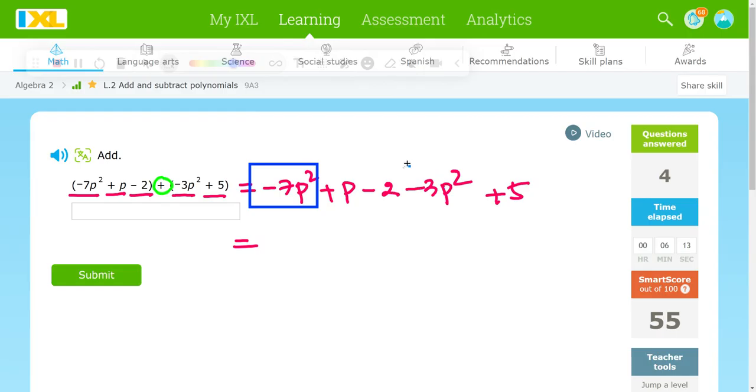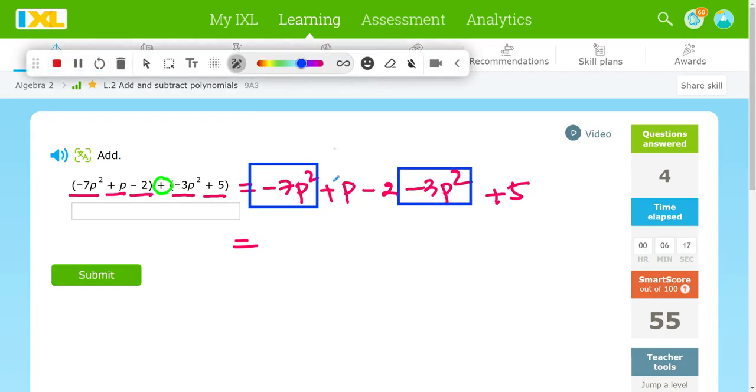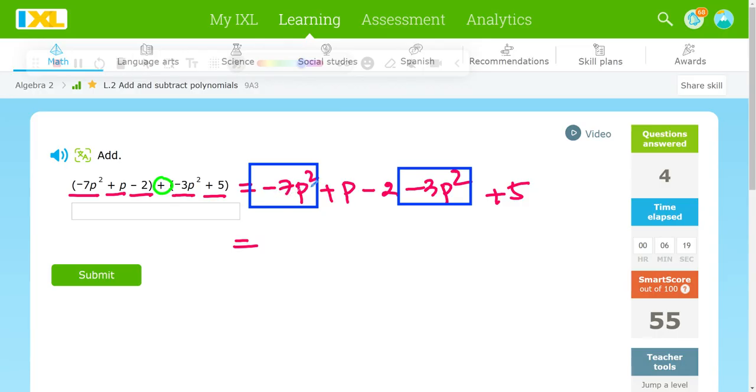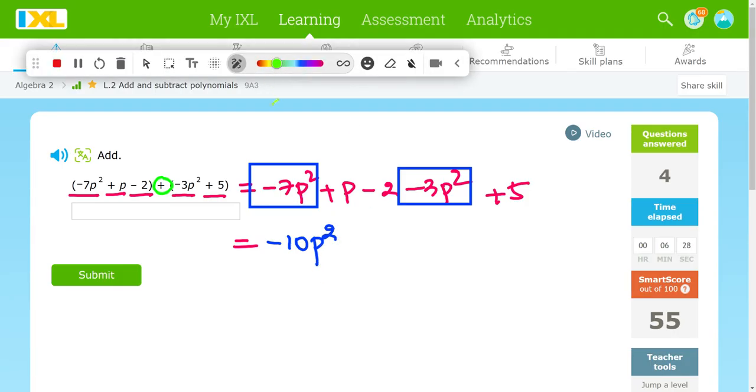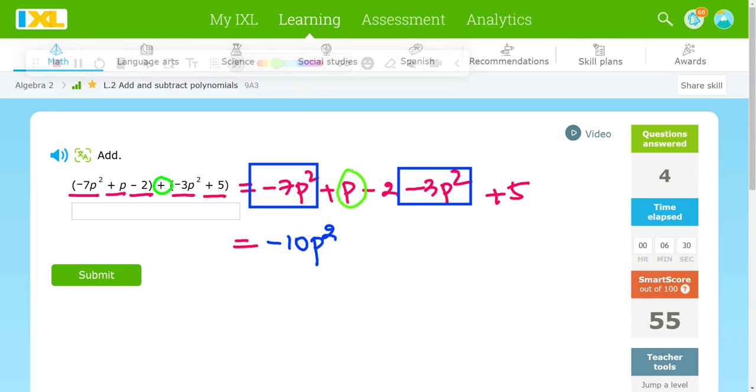Negative 7p squared and negative 3p squared: I combine negative 7 and negative 3, which is negative 10, and then I put down the p squared. Now the p stands by itself, you cannot combine it with anything, so I put down the p. And the last thing we combine are the numbers: negative 2 and plus 5, so that's plus 3.